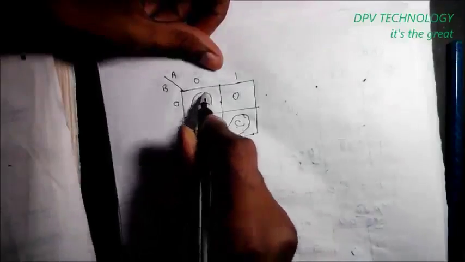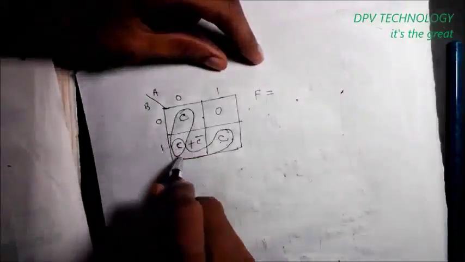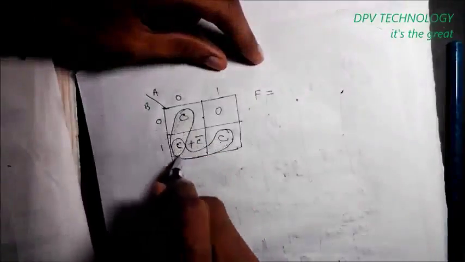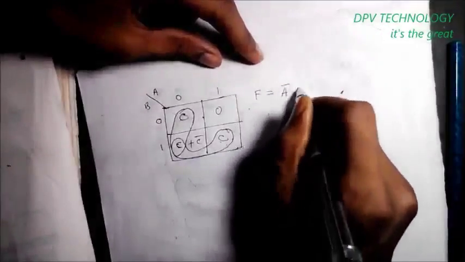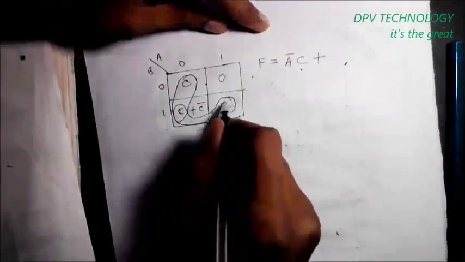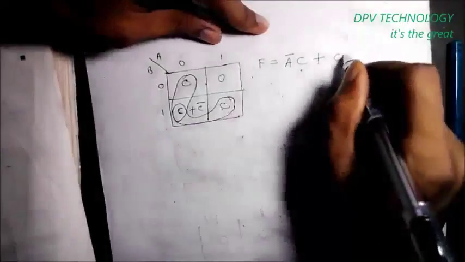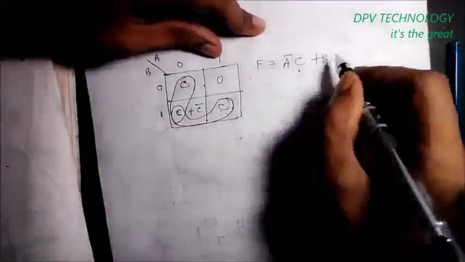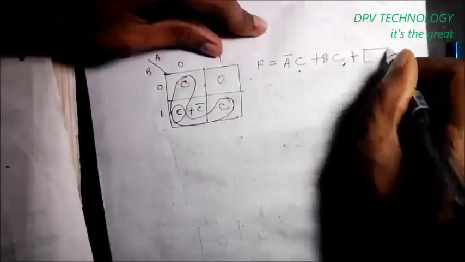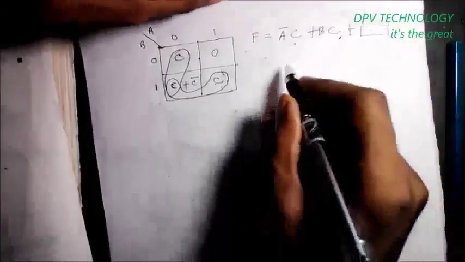Here also you can do it like this. So F will be what? It will be here, this will be what? It is A bar and C, or here this is C and B and C. This is B and this is C. So B and C, or we have one another value here. We will get this thing in step 2.